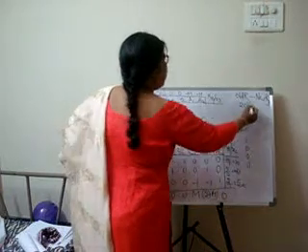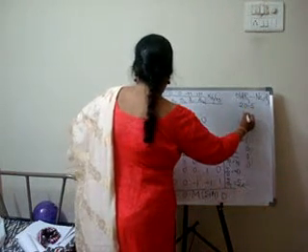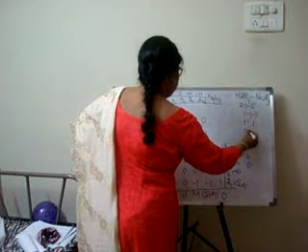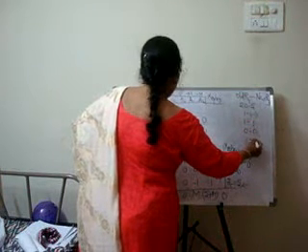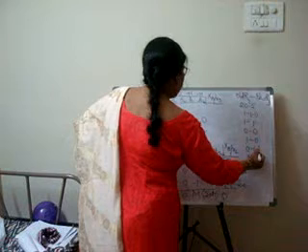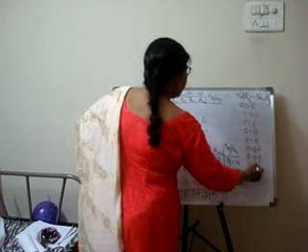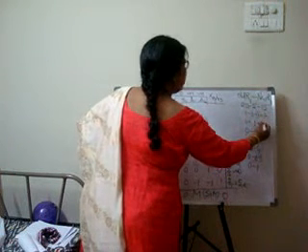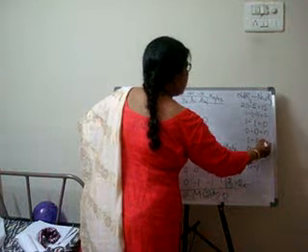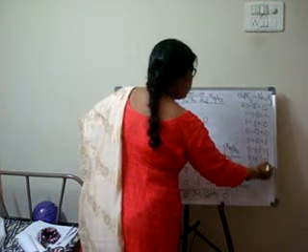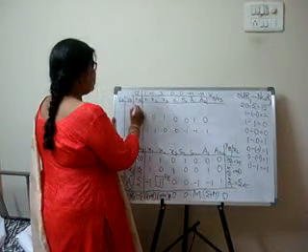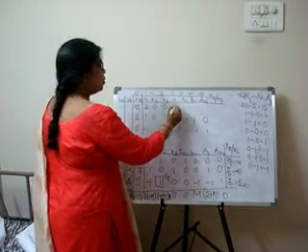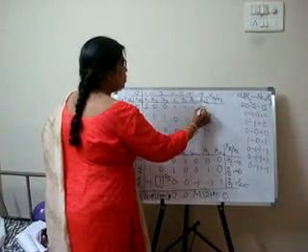And new R3: minus 5, minus of minus 1, minus of 1, minus 0, minus 0, minus of minus 1, minus of minus 1, minus 1. So it is 15, 2, 0, 0, 1, 1, 1, minus 1.